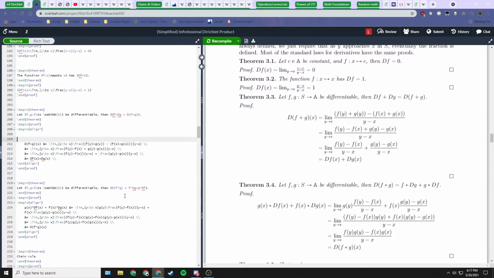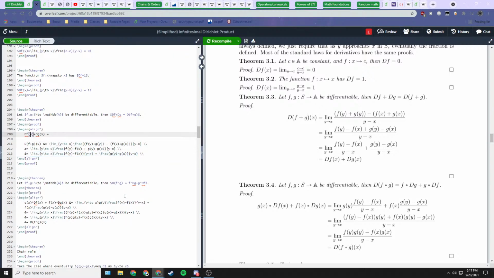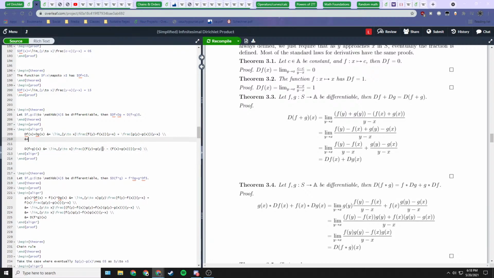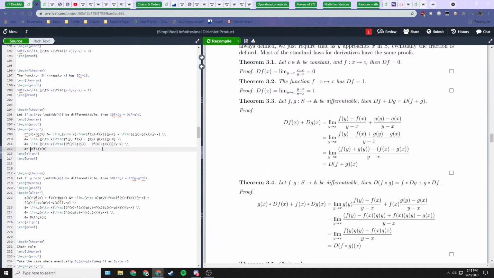That way we'll have this term equaling these limits, and that'll be equal to this line, which is then equal to this line, which is equal to that. Yes, okay.